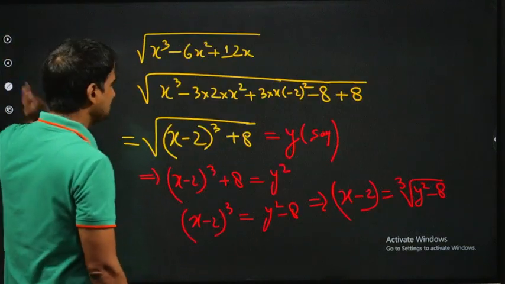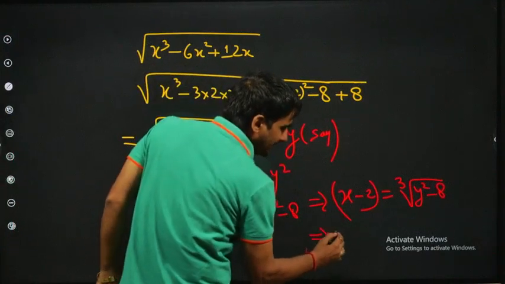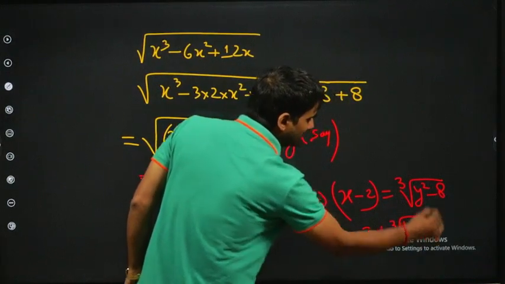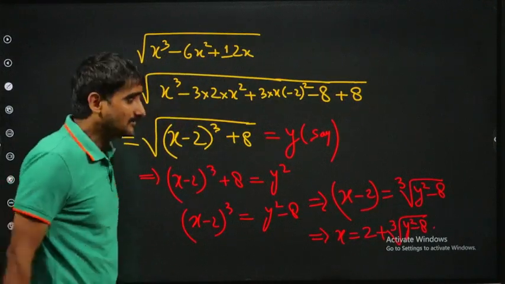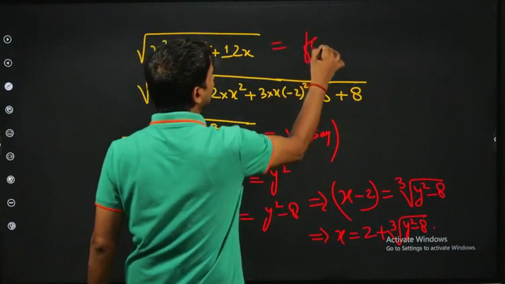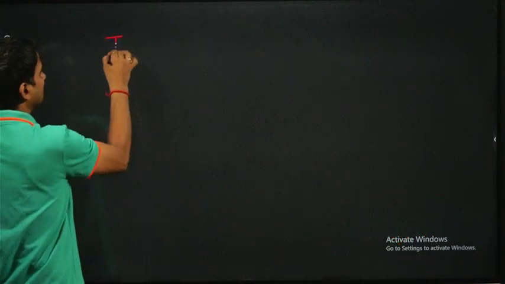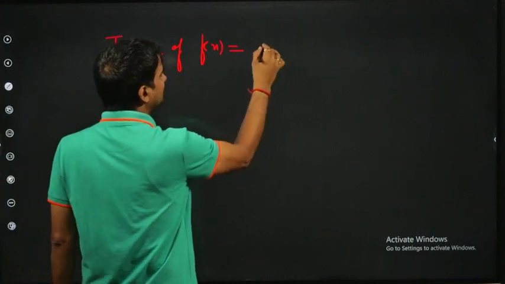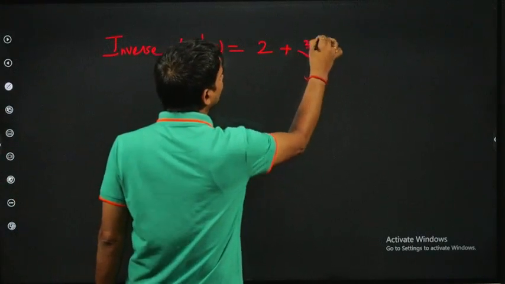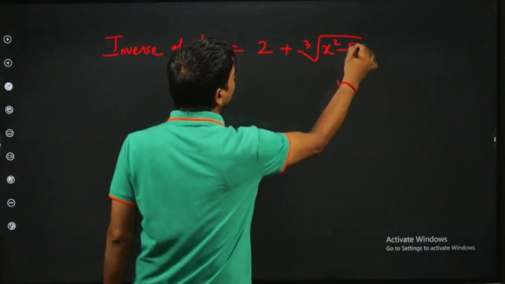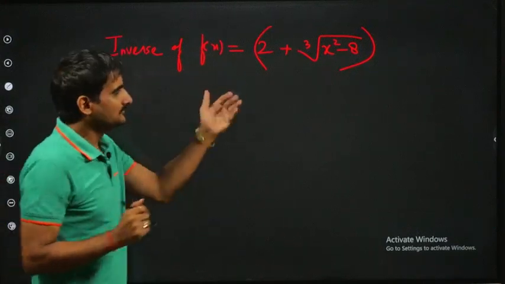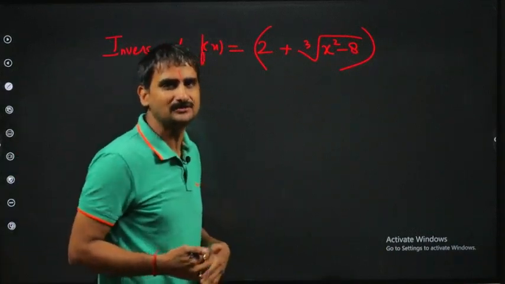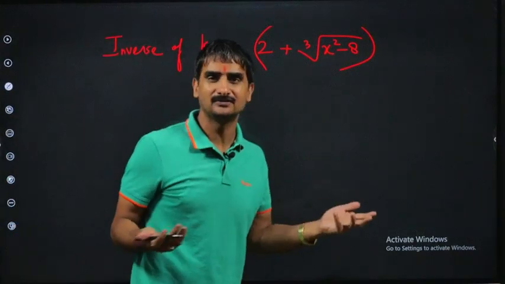So we can write x is 2 plus cube root of y square minus 8. So that means if this is the function, then its inverse is f inverse of x equals 2 plus cube root of x square minus 8. Okay, so that's it. You may say that's not exactly the inverse, but then we can add 2 and subtract 2, that we can easily balance, because integral of a constant is a very direct thing.